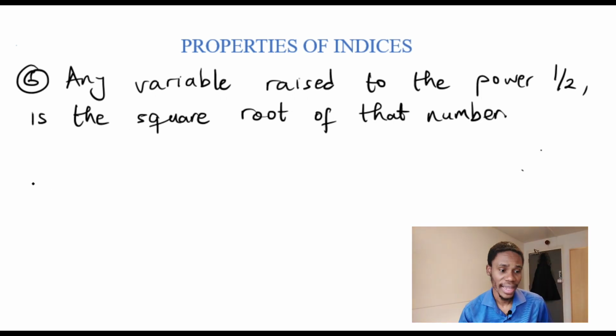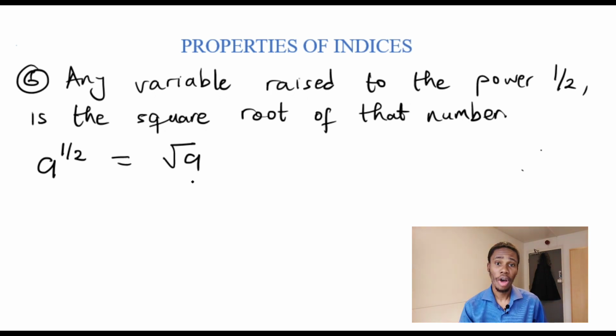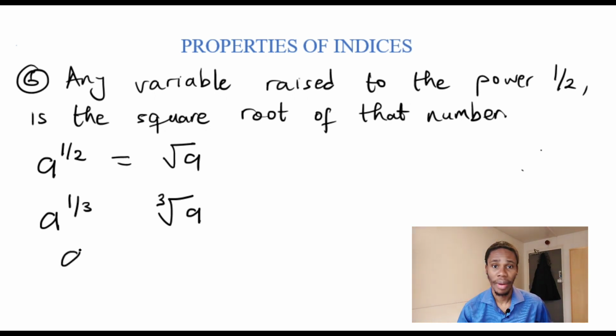So our variable here is what? A, exponent 1 over 2, which gives us the square root of A. Also, if you have A with the index 1 out of 3, it is the cube root of A. Likewise, if you have A to the power 1 out of 4, it's the fourth root of A.